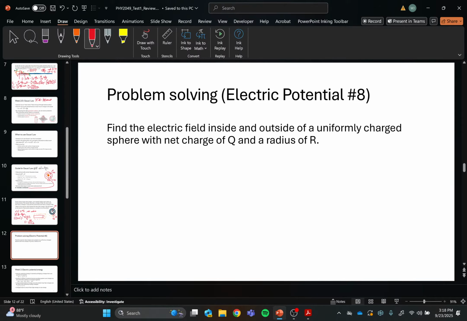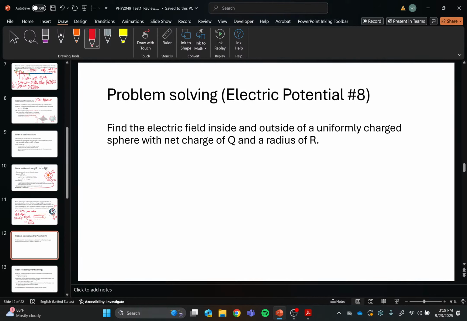E times A, where A is the area of the Gaussian object, is still 4 pi r squared. Capital R is the radius of your big object, but you still use little r for the Gaussian object. E dot dA is always the area of your Gaussian object. Always.